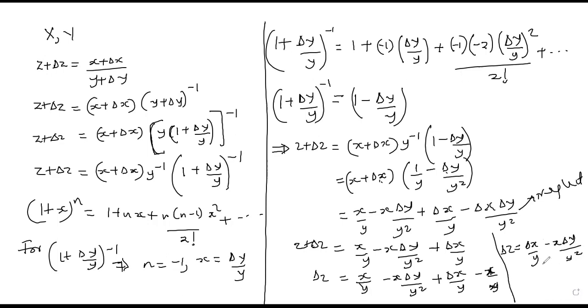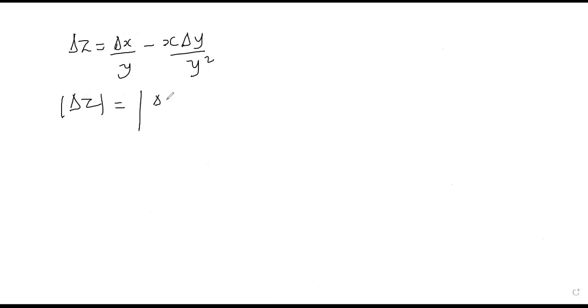So here, since we have our delta z as delta x over y minus x delta y over y squared, it would mean that the magnitude of delta z is going to be equal to the magnitude of delta x over y minus x delta y over y squared. We are taking the magnitude.